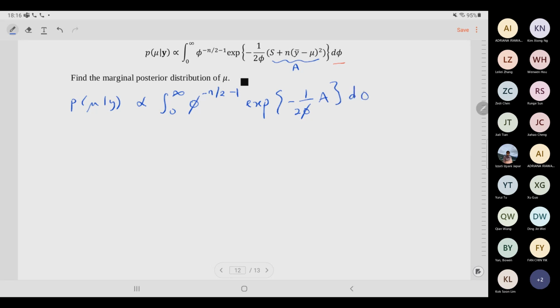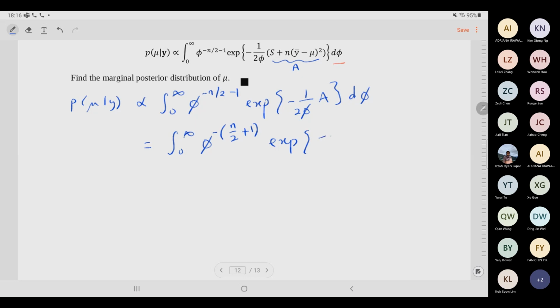When you integrate, we only integrate against phi, so phi is your parameter now. This a is a constant for now. Then if we rewrite this a bit, we have this form.